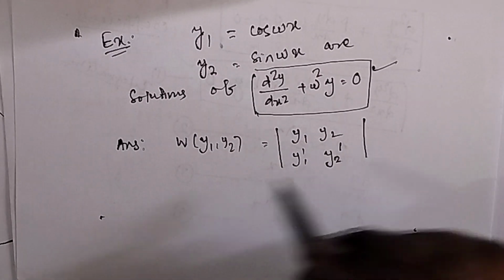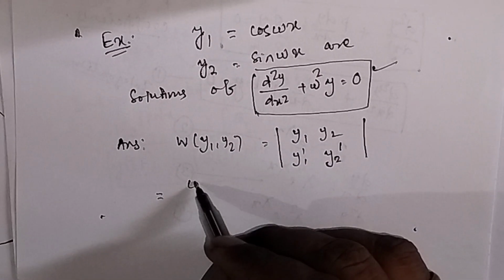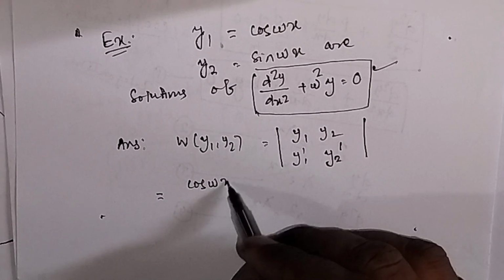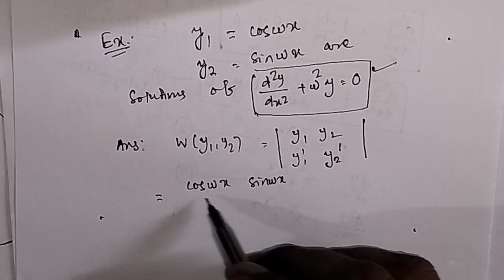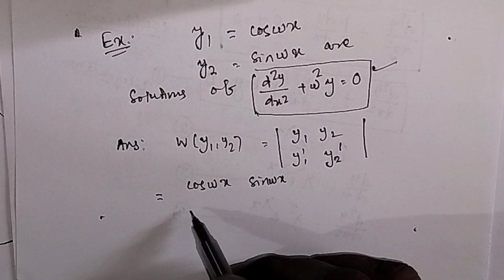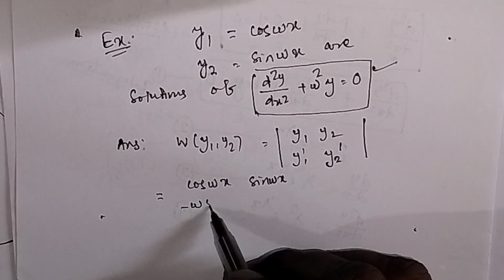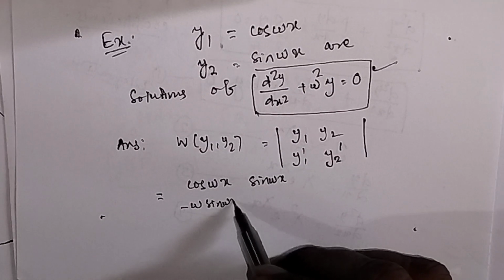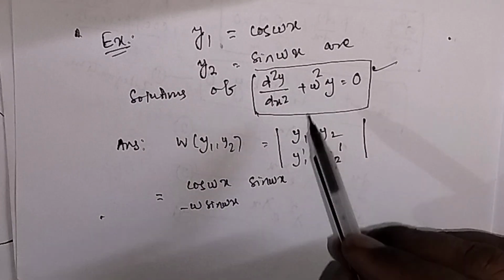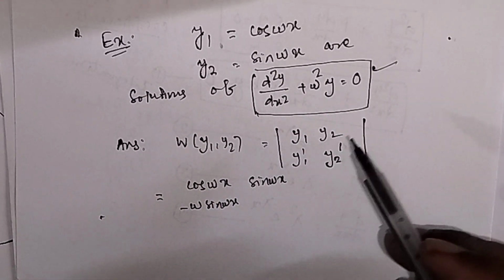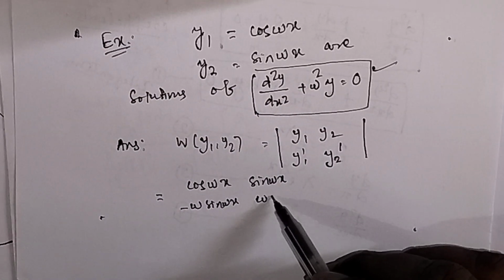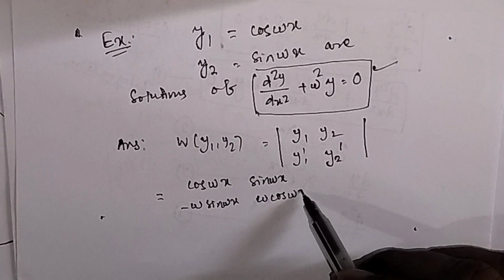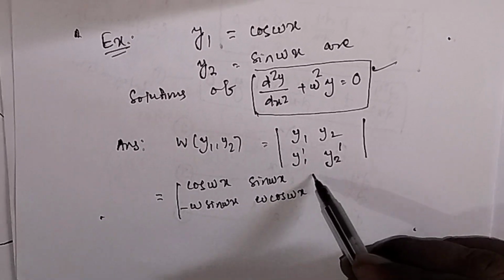That will be cos omega x, sin omega x. Then what is the derivative of cos omega x? Minus omega sin omega x. And the first derivative of sin omega x is omega cos omega x. Then take the determinant.